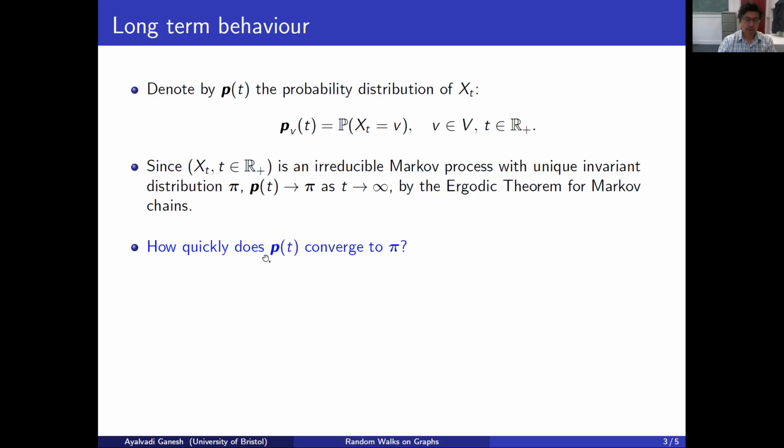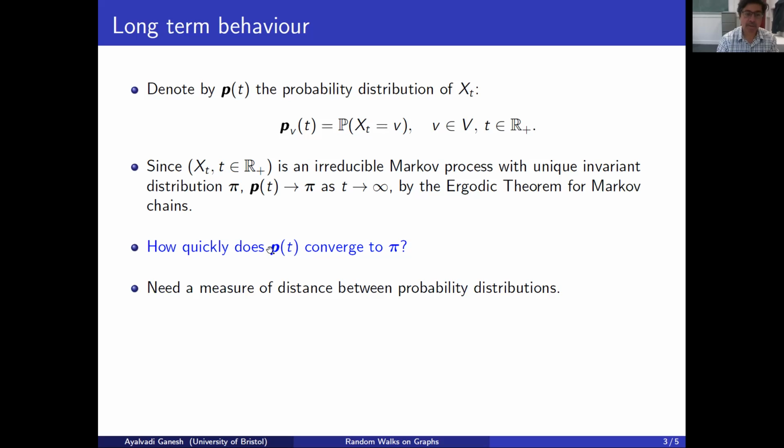Okay, and so the question we are going to be interested in our study of random walks is how quickly does this happen? Okay, so how long do we have to wait until pt is very close to pi, as close as we would like it to be? To answer this question, we need some notion of what close means.